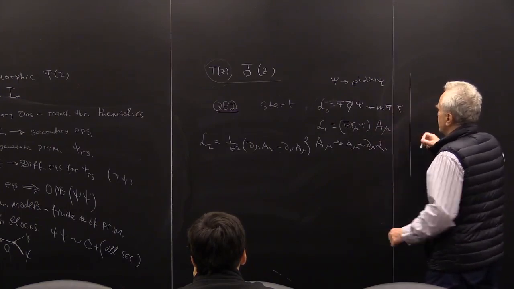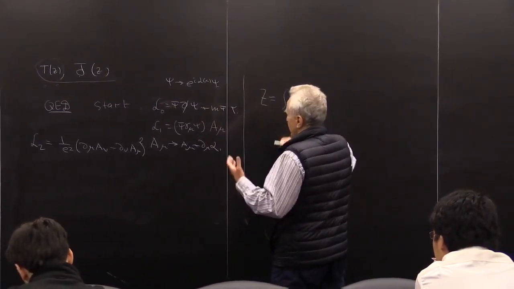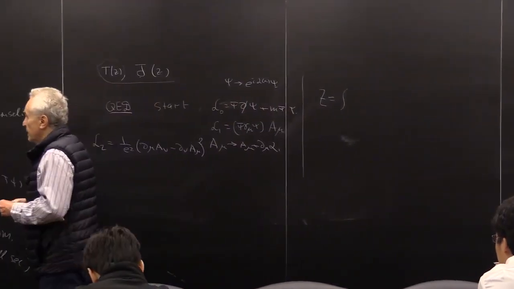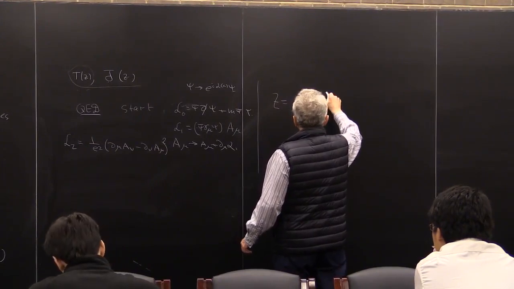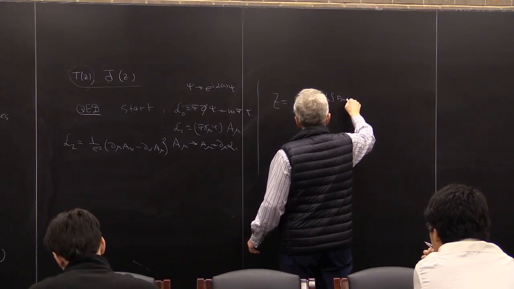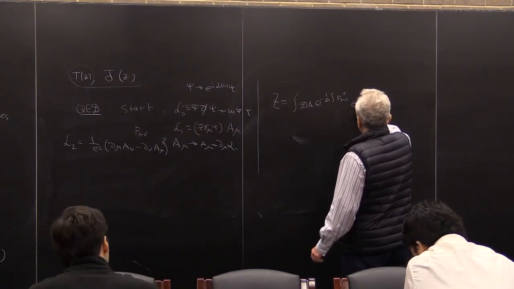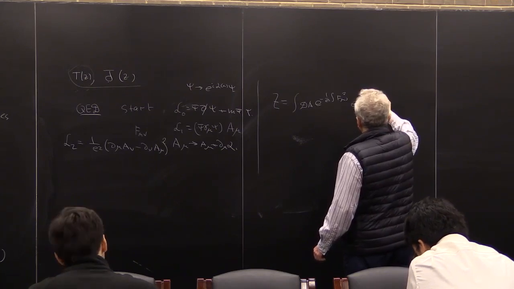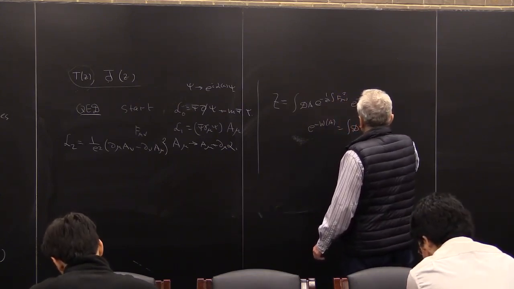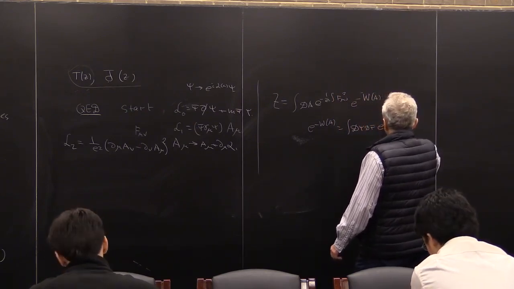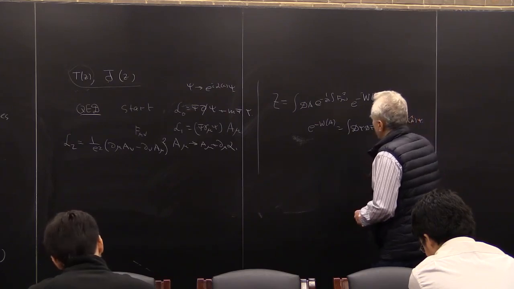Now, one more elementary fact is the partition function in QED, I'm still talking about QED as the most familiar example of field theory. You generally have dA, you have this action, F mu nu squared, where F mu nu is this guy. And we can actually add e to the minus W of A, where e to the minus W of A is defined as the integral over fermions of this Dirac Lagrangian.